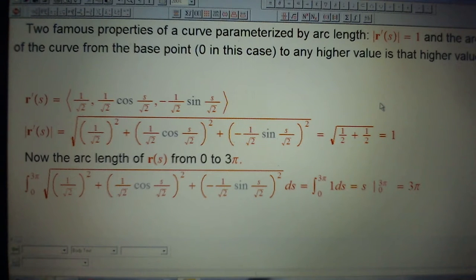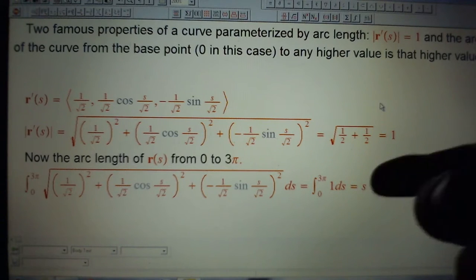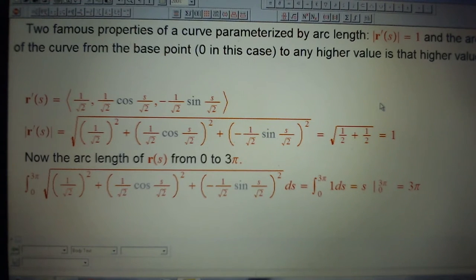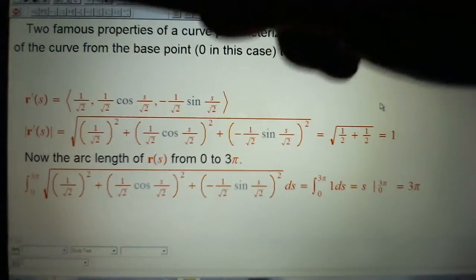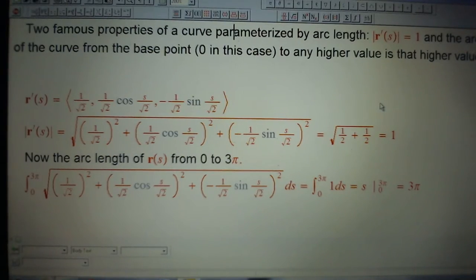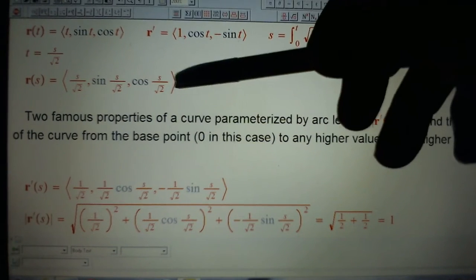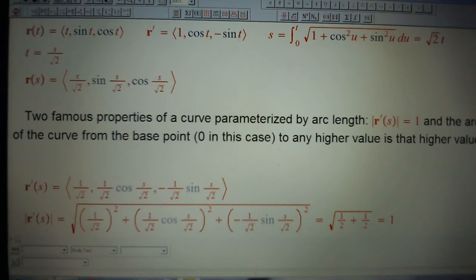But I want you to take advantage of this shortcut and to know these things. Same thing with finding the arc length. If I ask you to find the arc length from 0 to 8 pi of r of s, the original functions up here, the answer is 8 pi. You don't have to do the work.